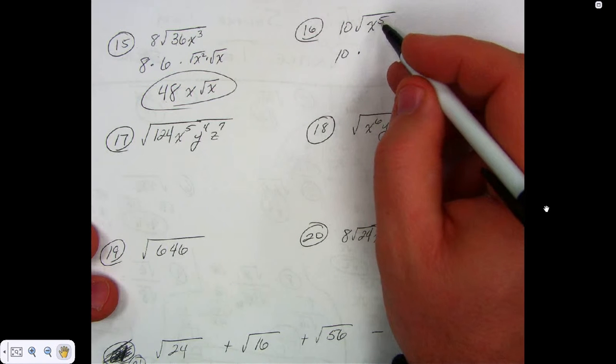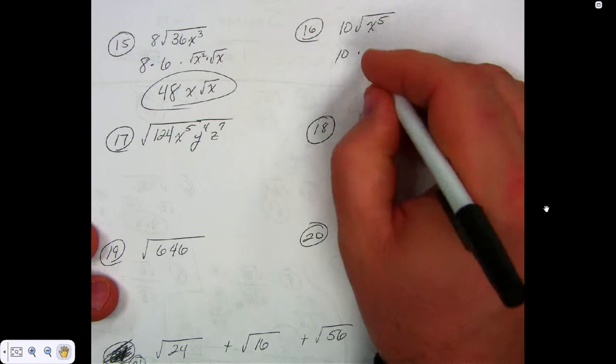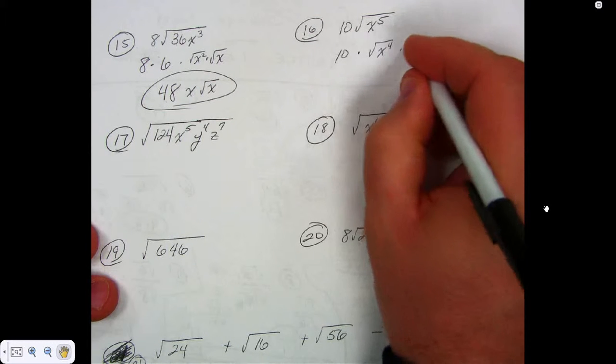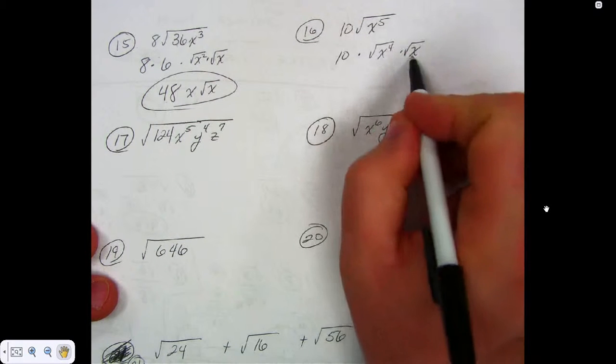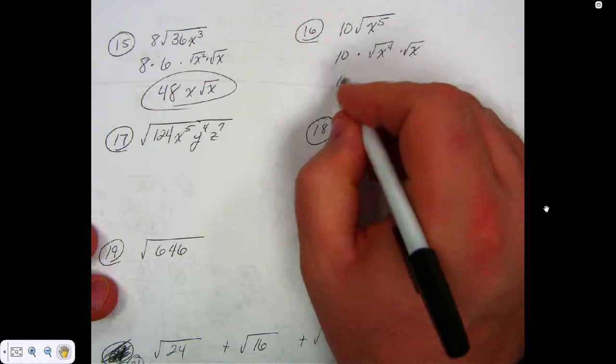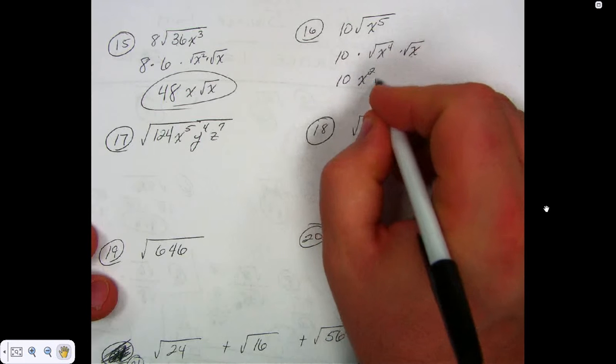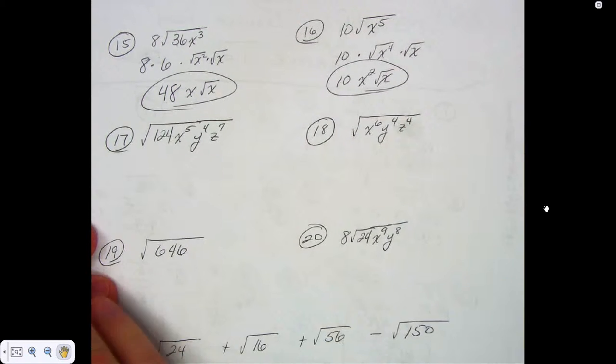Remember, it needs to be even, right? So the largest perfect square that's a factor of it is 1 less than x to the what? Times square root of x. Remember how we always had like x left over here, or y, and we just took 1 less? So it's 10x to, what is square root of x to the 4th? It's x to the 2nd, square root of x.